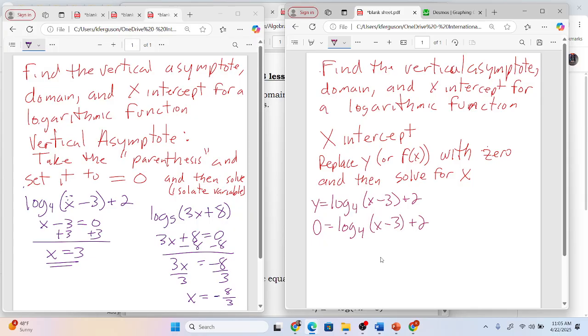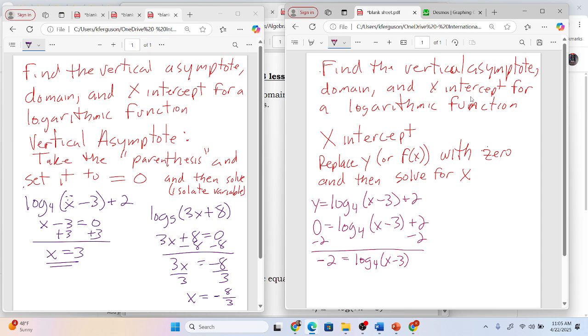Now we're going to solve that. First, after we change that to a 0, we need to get the log by itself, so I'm going to subtract 2 from both sides. Now I have negative 2 equals log base 4 of x minus 3.